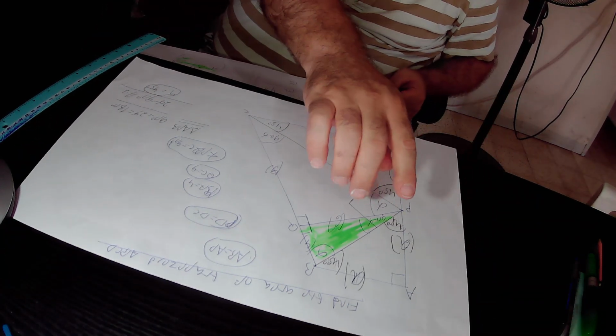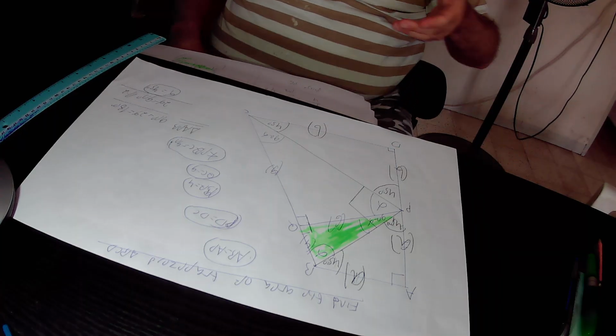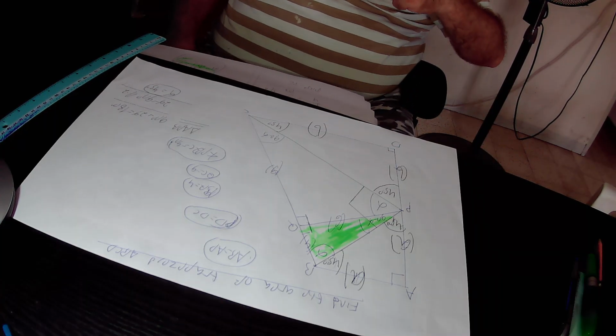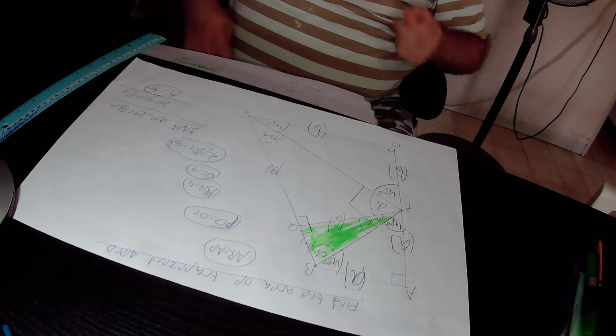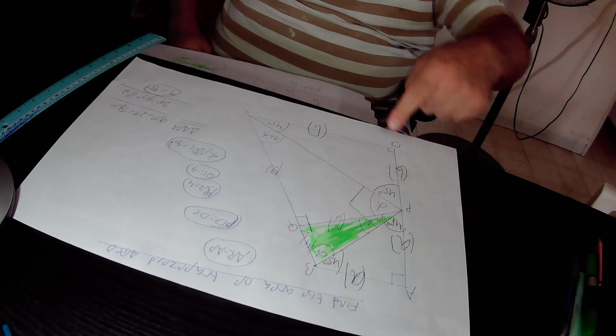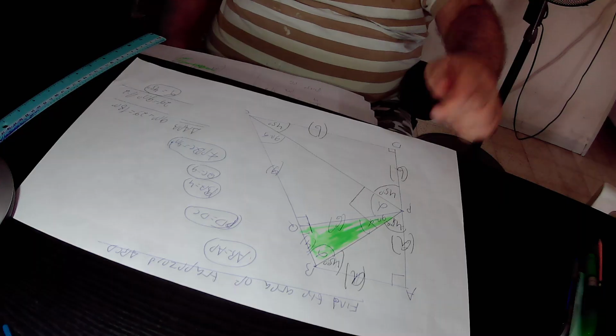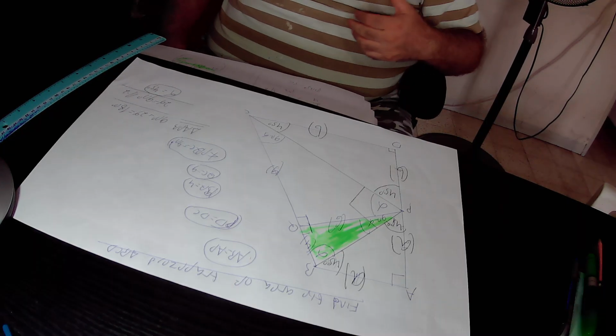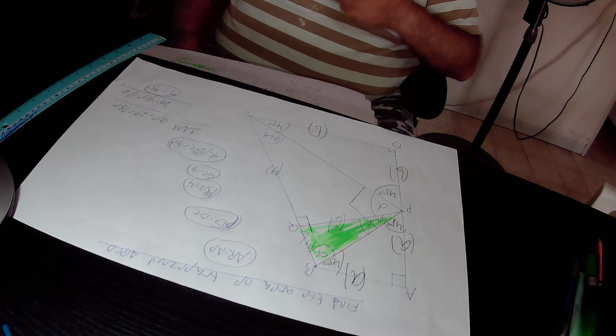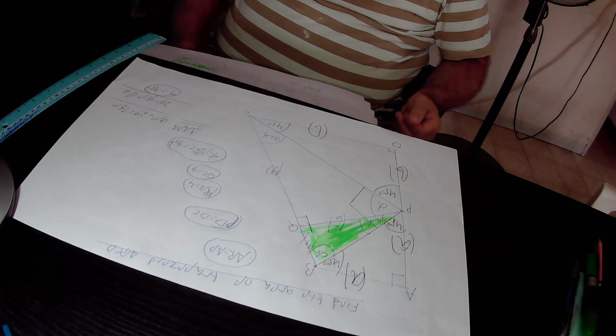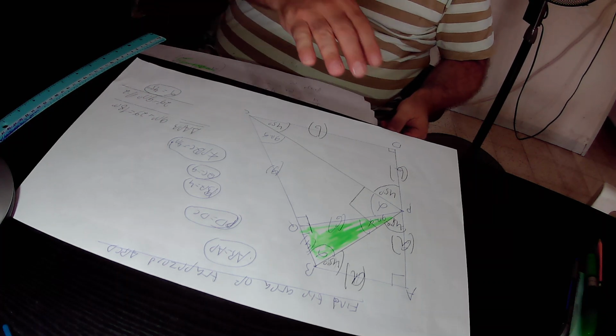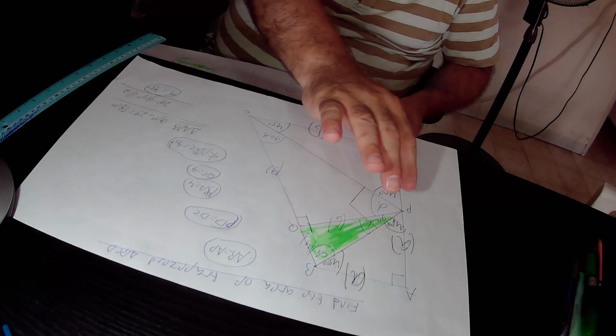So if you focus on the right side of the straight line AD, AD is one side of trapezoid ABCD, therefore it is absolutely a straight line. So if you focus on the right side of the straight line AD at point P here, the sum of the angles must be equal to 180 degrees according to rule 3 that says that the sum of the angles on one side of the straight line is equal to 180 degrees. So which angles do we have at the right side of the straight line AD at point P?